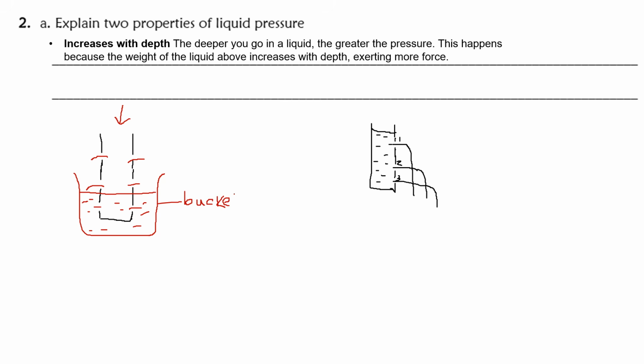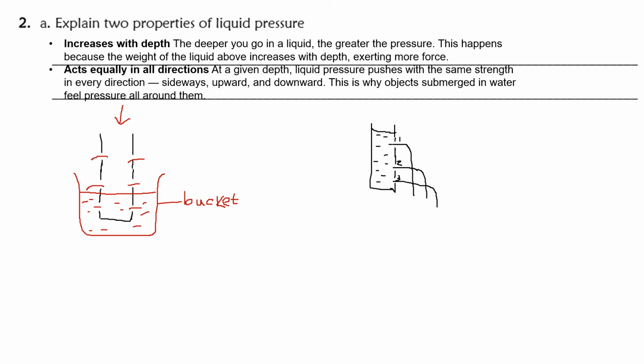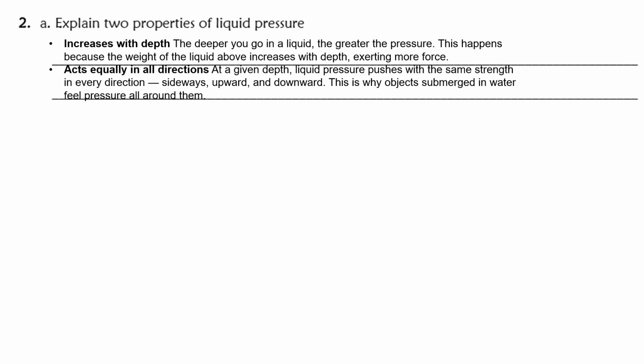What does this tell you? It means that liquid pressure is acting equally in all directions. This way, this way, this way, and that. So this means that at a given depth, liquid pressure pushes with the same strength in every direction: sideways, upwards, and downwards.